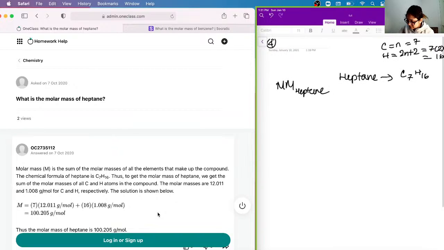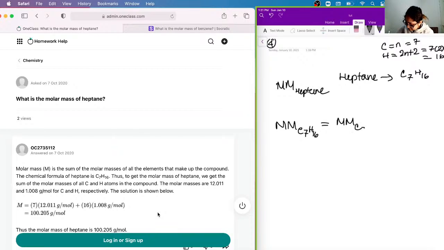So what we're trying to do is find the molar mass of heptane, which is C7H16. What we do is break this molecule into its individual atoms and say it's the molar mass of carbon, in this case 7 of them, plus the molar mass of hydrogen, in this case 16. To find the molar mass of carbon, this is given in your periodic table.